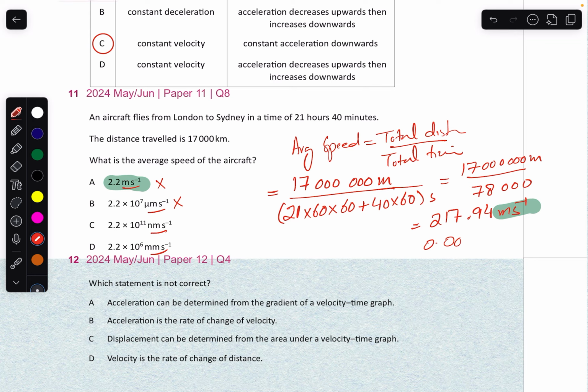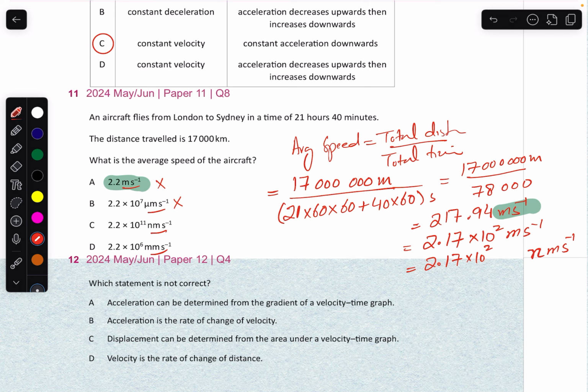If I look at option C, 2.2 into 10 to the power 11 nanometer. First write it in standard form. It can be written as 217 into 10 raised to power 2 meters per second. If I try to fit nano here, it will be 2.17, 10 power 2 is already there, and I am multiplying with nano.